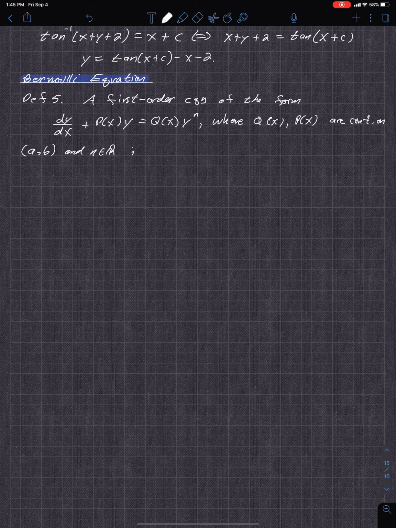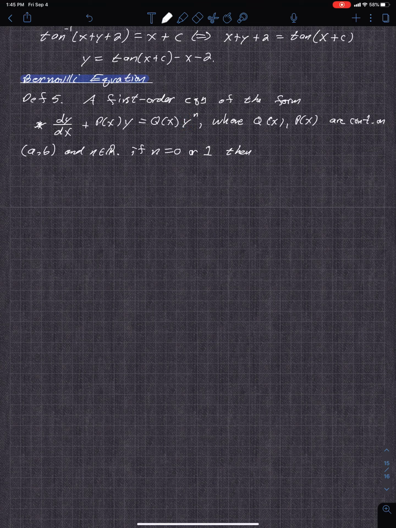All right, so then if n equals 0 or 1, then basically it's just linear. If this is just 1, then this whole thing's linear. If it's 0, you get 1 here, and then you just get that q of x.